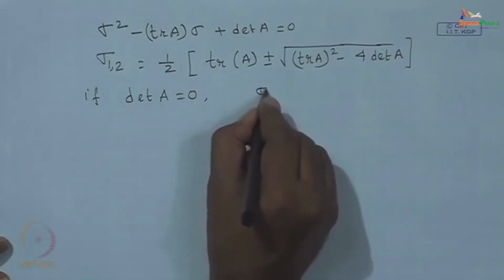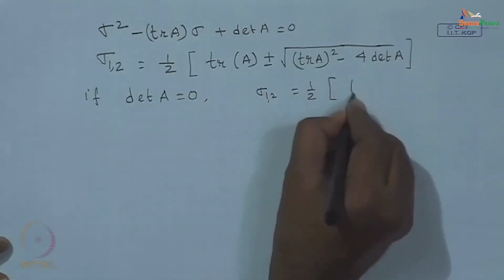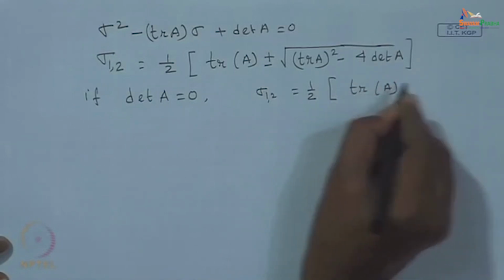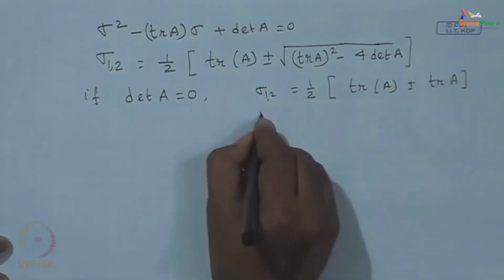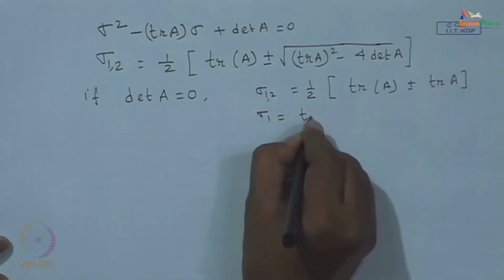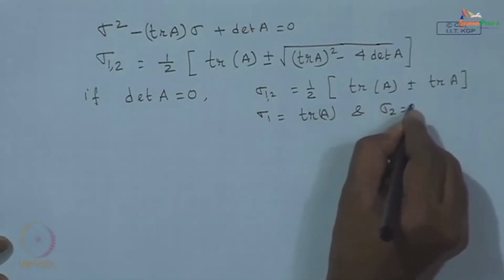Sigma 1, 2 is nothing but half trace of A plus minus trace of A. Therefore, sigma 1 becomes trace of A and sigma 2 becomes 0.